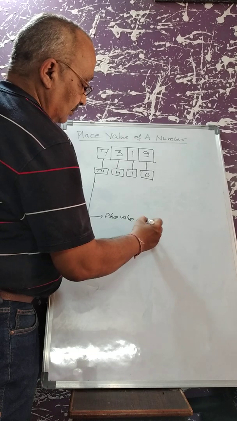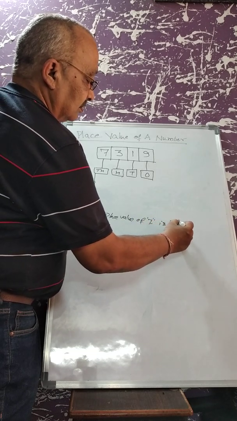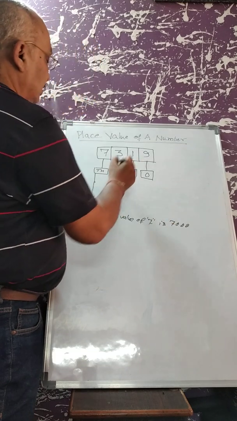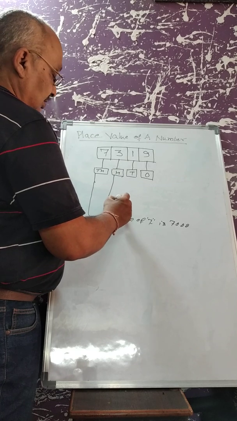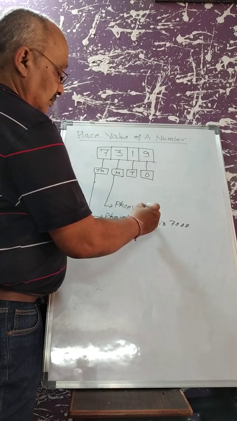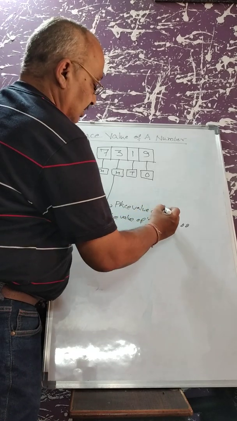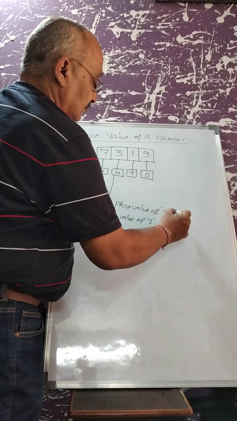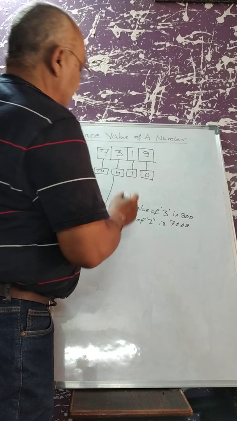The place value of 7 is 7000. Place value of 3 is what? It is 300, because 3 is at the place of 100.